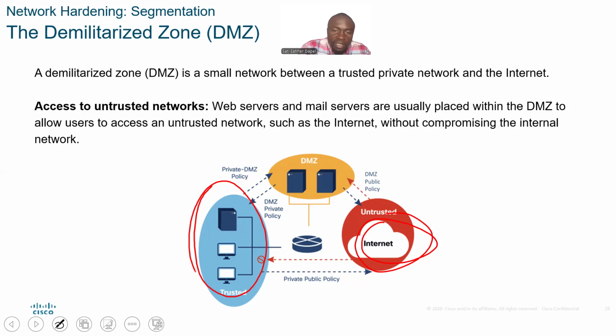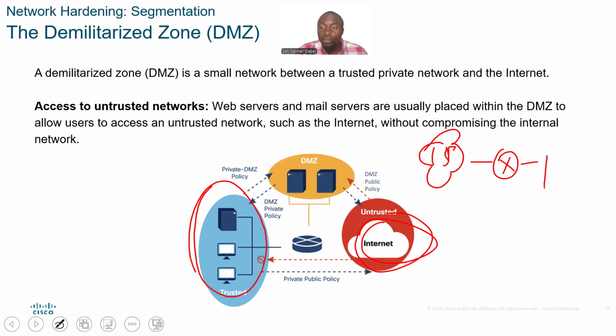Now, the DMZ is in between. So like the analogy I used earlier on, where you have your ISP, and then you have your edge router, then you have your firewall, then you have your LAN. All right. So now you see from your edge router, this way is untrusted. From here is trusted.